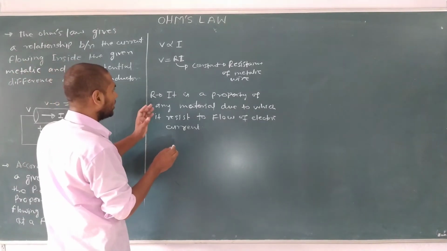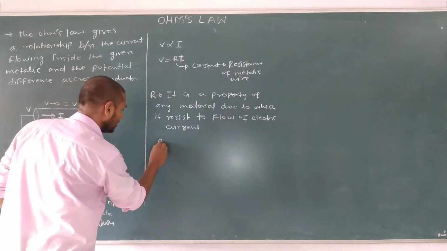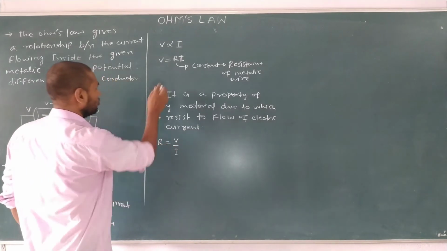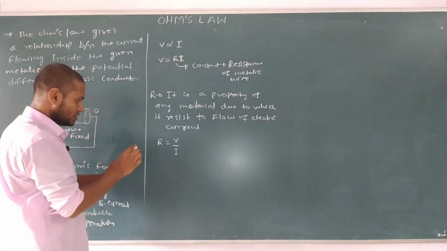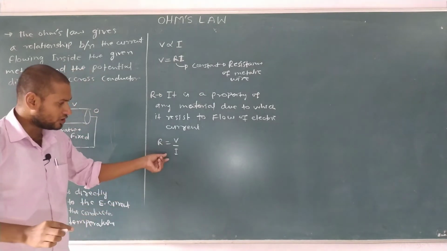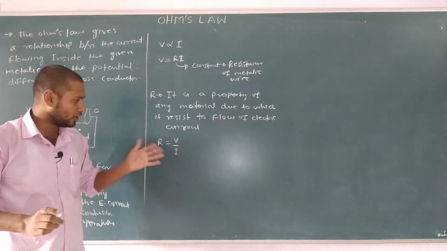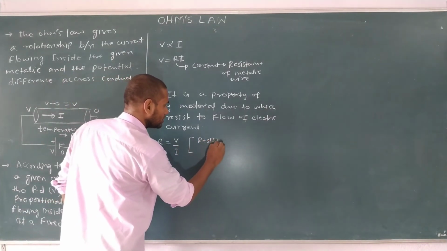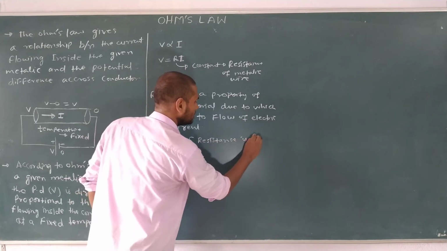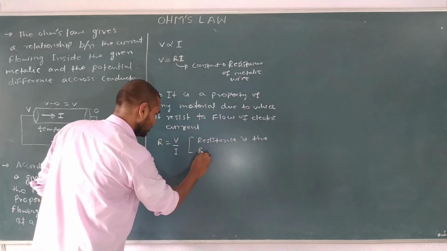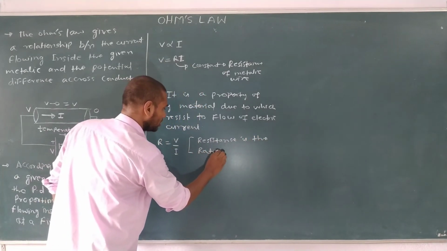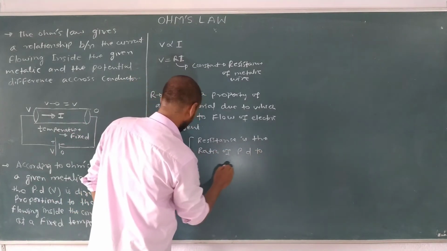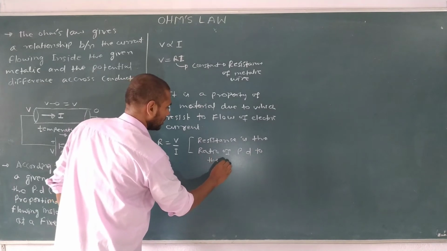And you can also write that R is equal to V upon I. R is equal to V upon I means the resistance is the ratio of potential difference to the electric current.